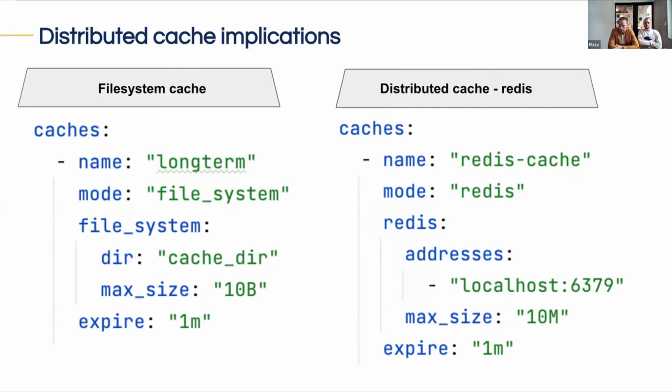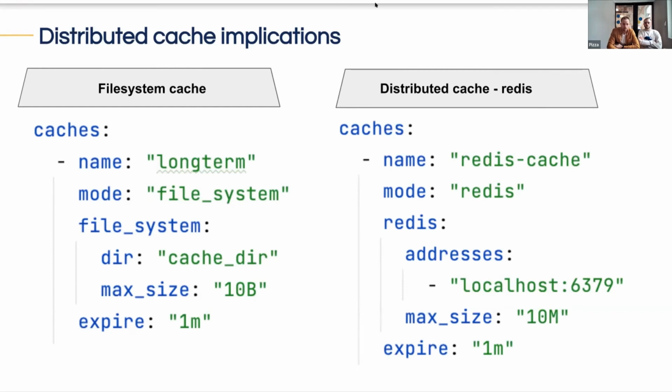Currently, it's implemented with Redis, so you will have to have a Redis instance up and running, to which your Chproxy would connect. The definition of this connection is also configuration based, and it belongs to the definition of the cache. But maybe you are in the scenario where you have only one replica, and you had better stick to the file system cache, whose definition you can find here.